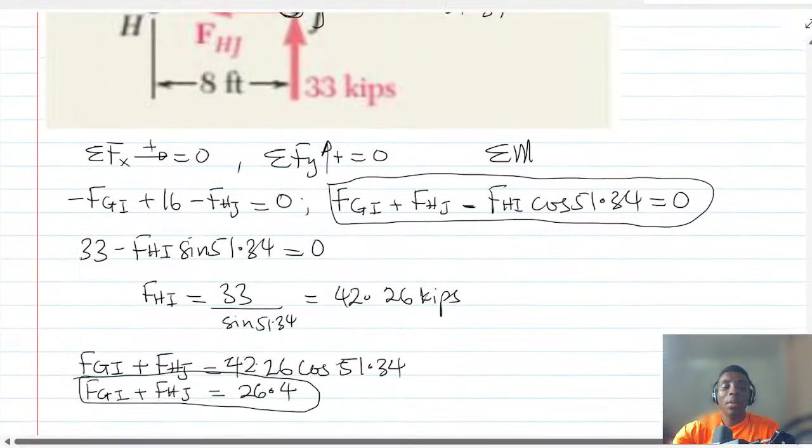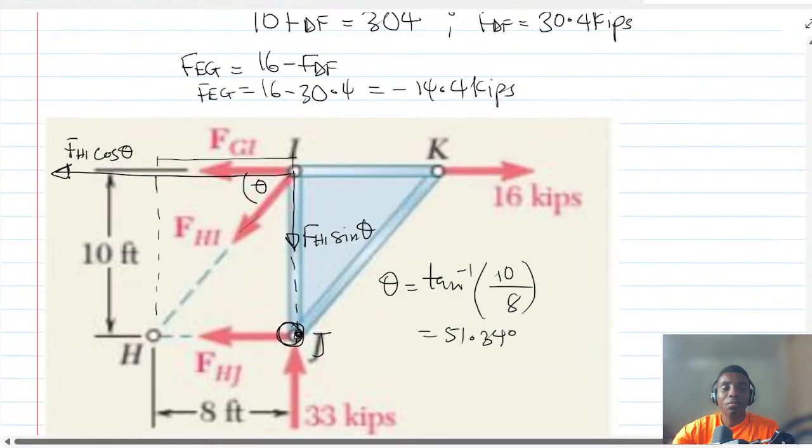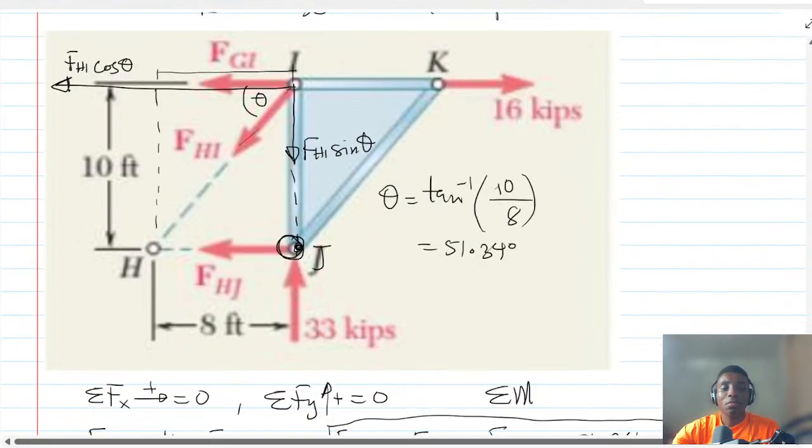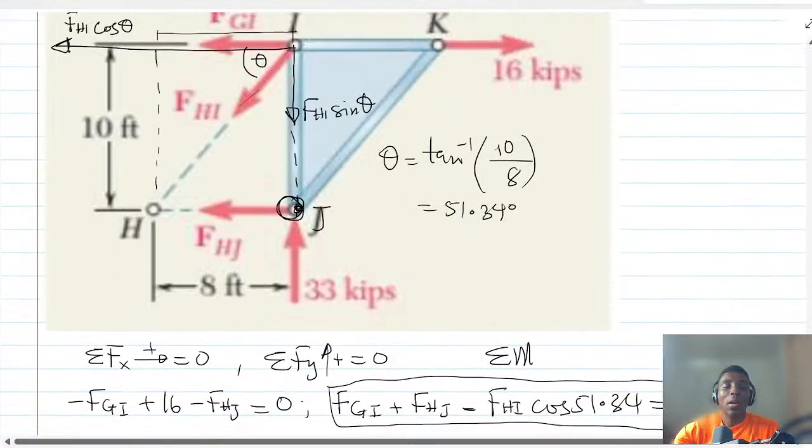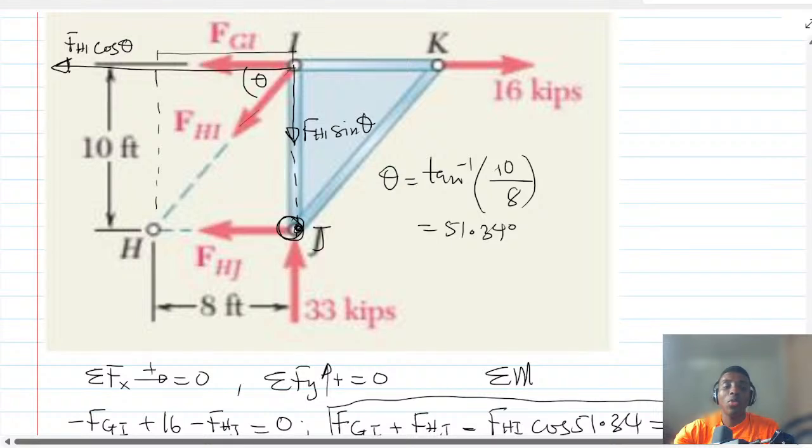Okay. So quickly, let's sum moment about J. Summing moment about J, clockwise is positive. What do we have?